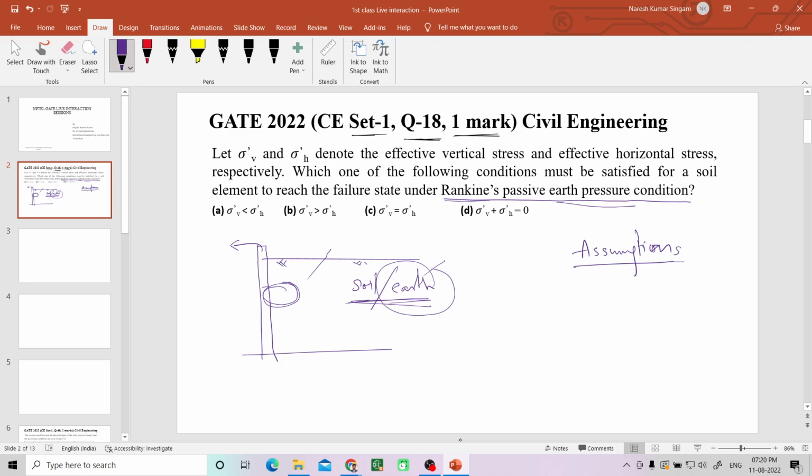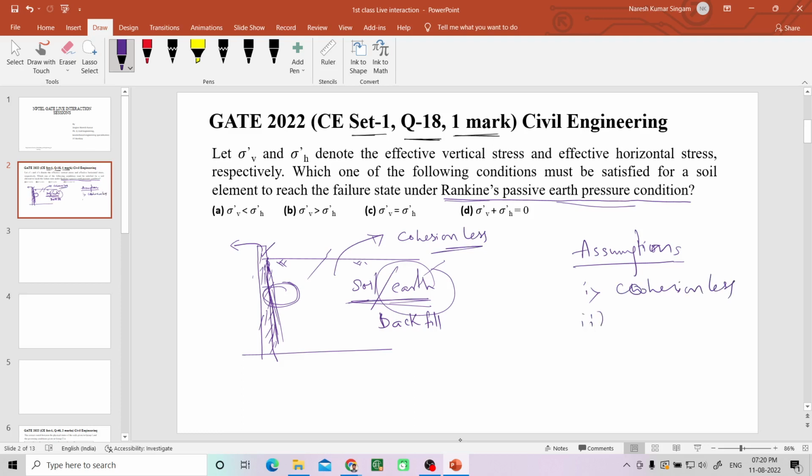But I don't want to mention all those assumptions in this class now. I can give you one or two of them. This retaining wall, which is supporting the soil, and the soil is also called backfill. According to Rankine, the wall is smooth. Also, the soil material is cohesionless. So what is the first assumption?